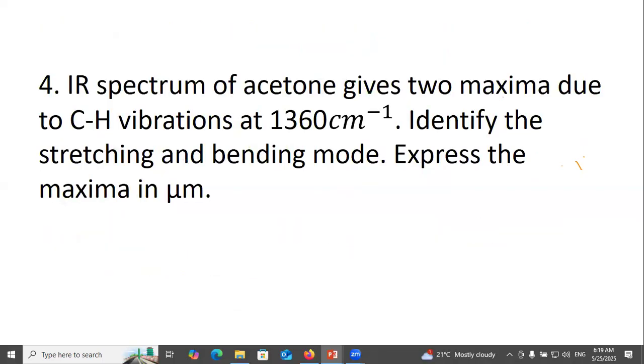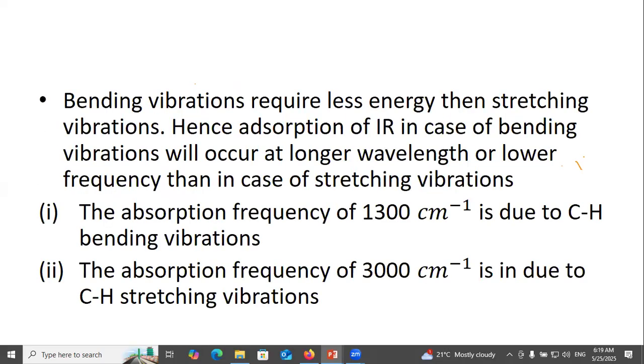Question number 4. The IR spectrum of acetone gives two maxima due to carbon-hydrogen vibration at 3000 per cm and 1360 per cm. Identify the stretching and bending mode. Express the maxima in micrometers.